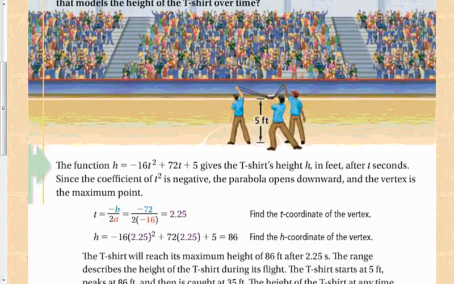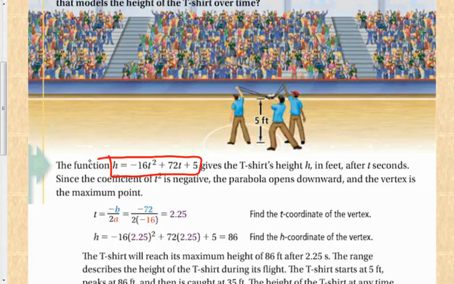So the quadratic function that works for the vertical motion is h equals negative 16t squared plus 72t plus 5, where t is the time and h is the height. So it gives the t-shirt's height in terms of t.